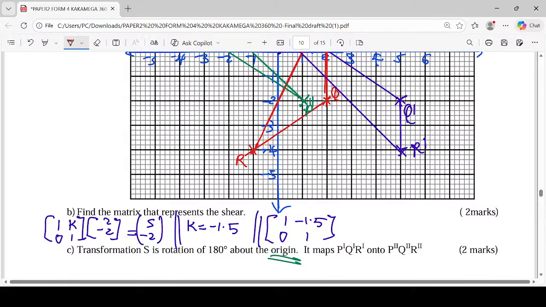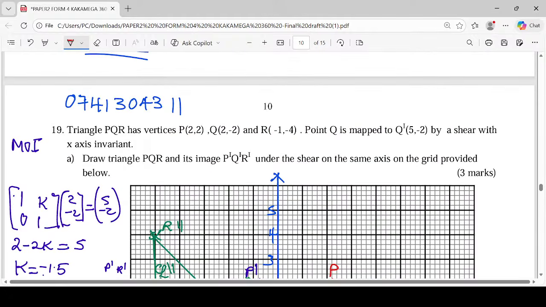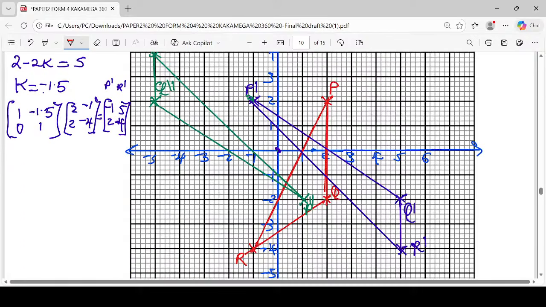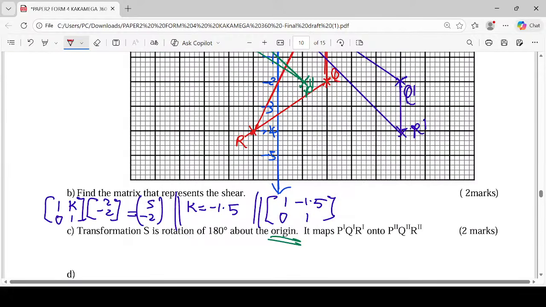Then the other one, PQR is negative 1, negative 4.